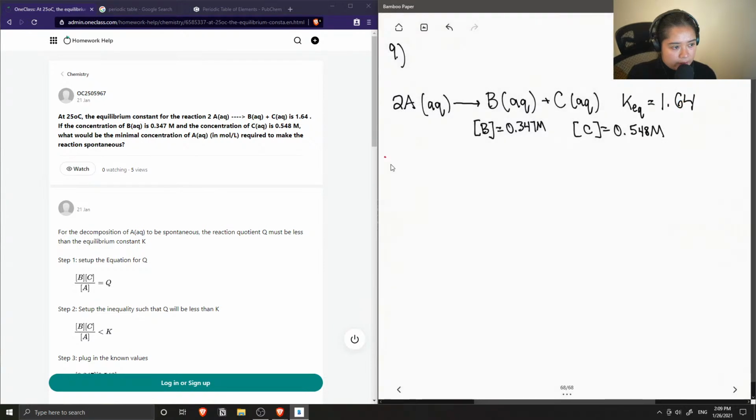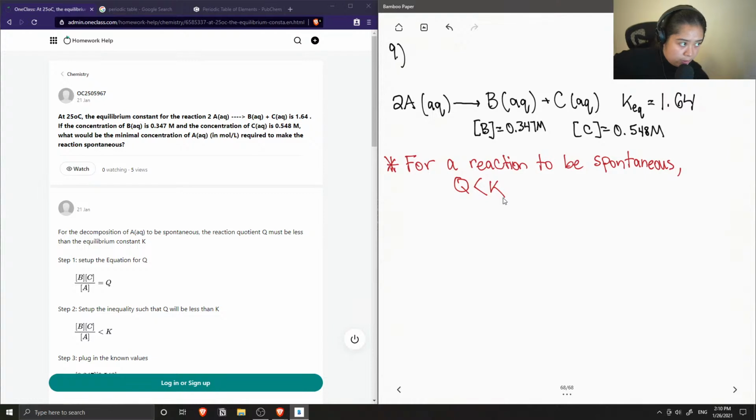So let's write down here, for a reaction to be spontaneous, we want Q less than K. So Q is our reaction quotient, and it's similar to K, except K is at equilibrium and Q is the actual reaction.